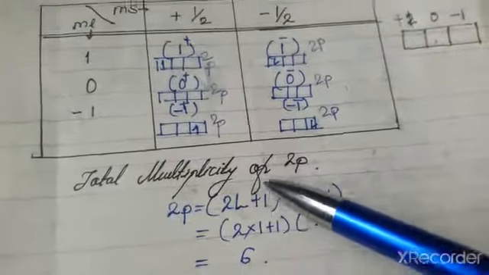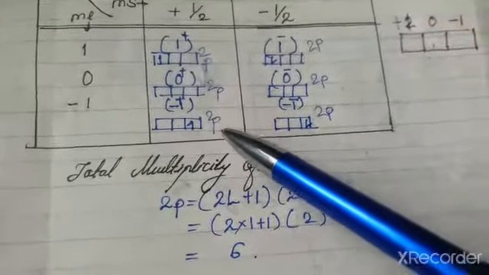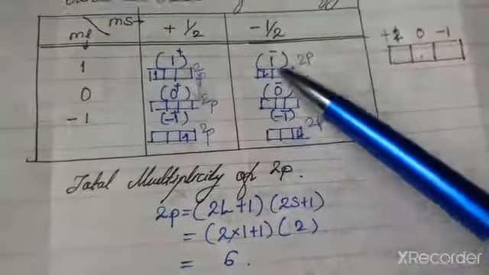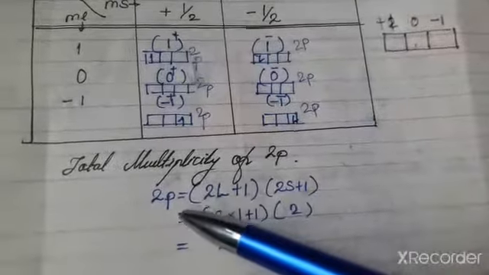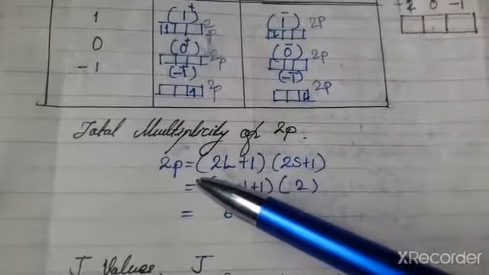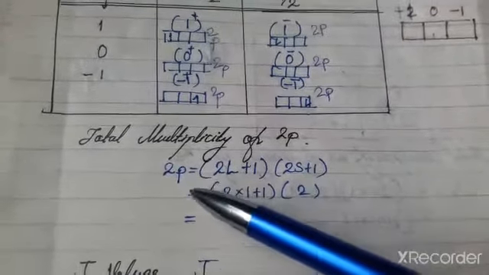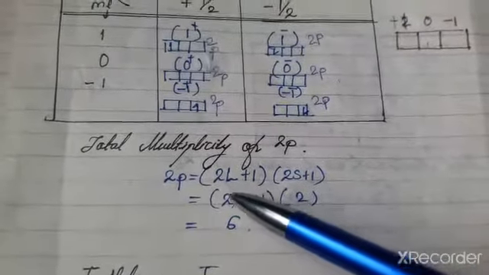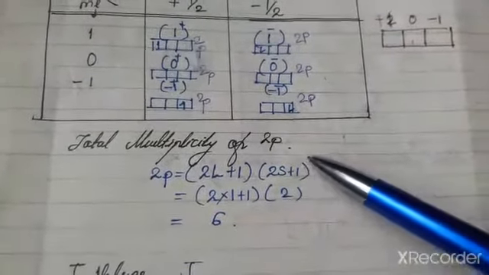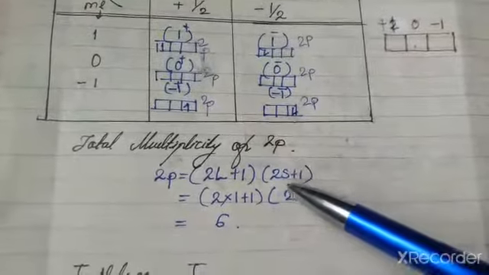So the total multiplicity of 2P, you will get the 2P term with this microstate table. Here is the formula to calculate the total multiplicity of 2P: (2L plus 1) into (2S plus 1).